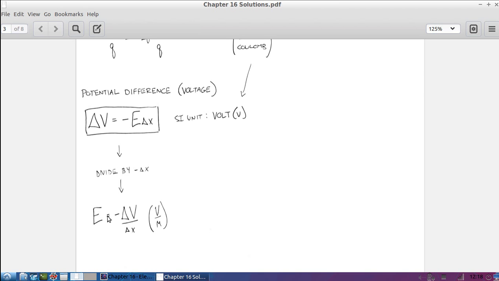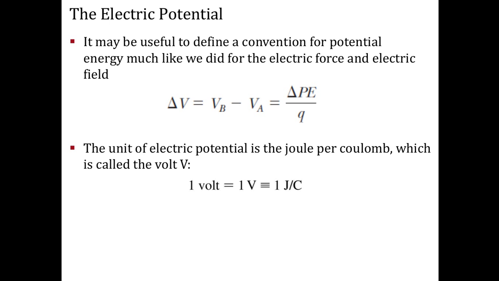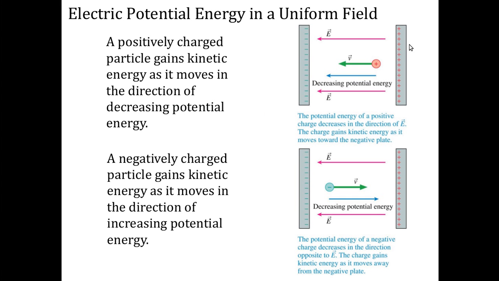So what does this mean? This means that the voltage, or the potential difference, decreases in the direction of an electric field. So let me go back to one of these diagrams. From this location to this location, if I've got a positive charge moving from right to left, this particle is traveling in the direction of the electric field.